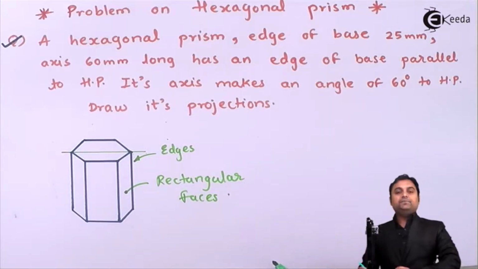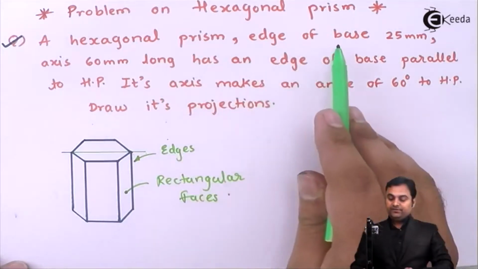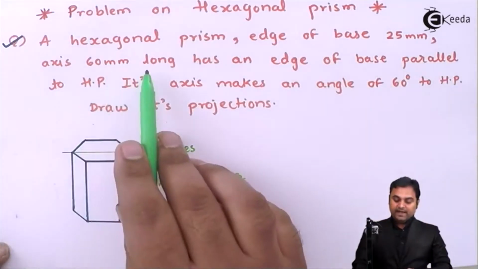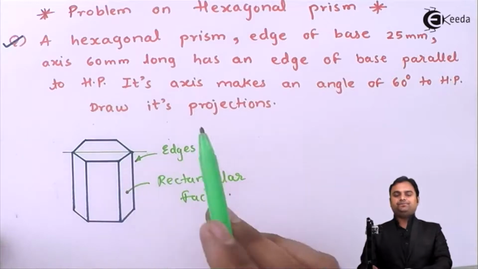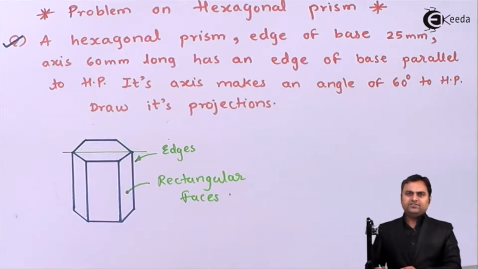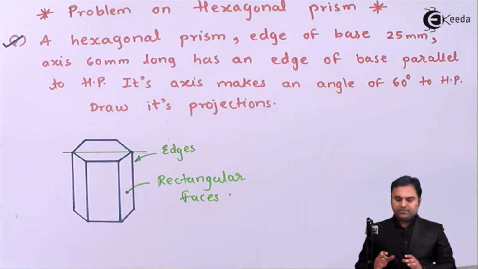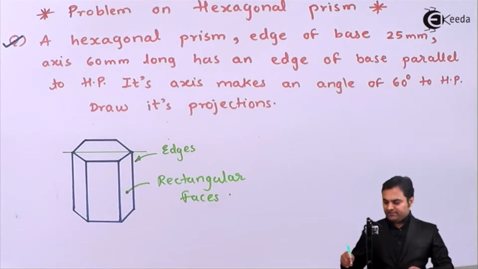Next, the condition mentioned here is hexagonal prism, edge of base 25 mm, axis 60 mm long, has an edge of base parallel to HP. Now how will this condition be? First, there are two possibilities to draw the hexagon.